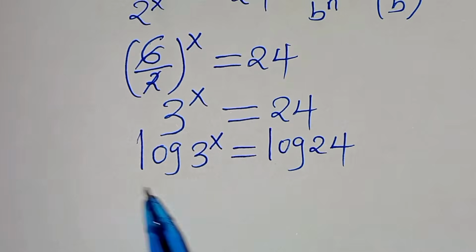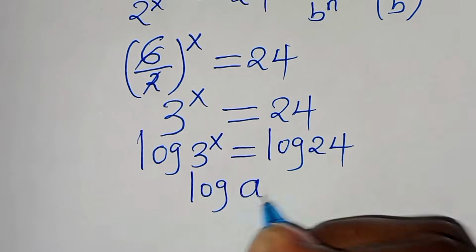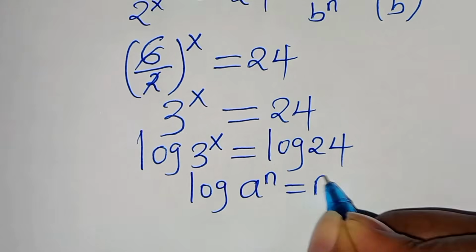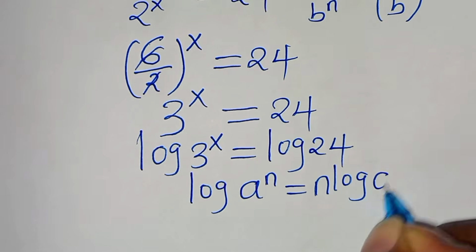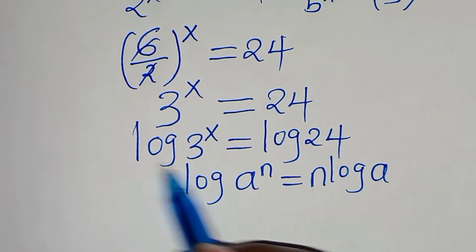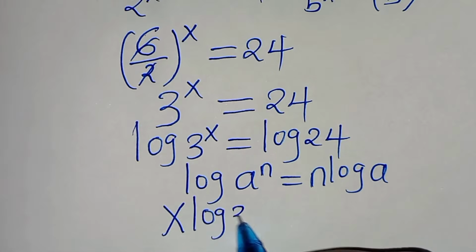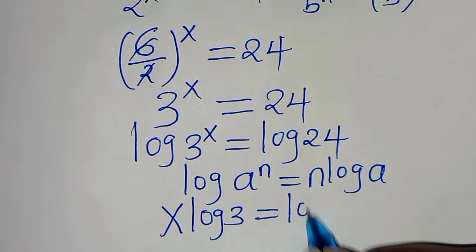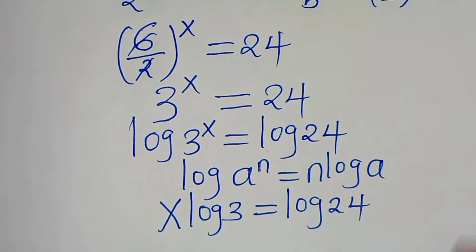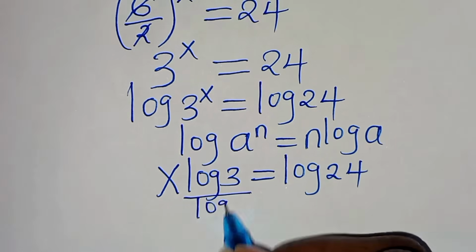Now, log 3 to the power of x, this is in the form of log a to the power of n, which we can express as n log a. Applying this power rule property of logarithm, then log 3 to the power of x becomes x log 3. This is equal to log 24. Now, let's divide both sides by log 3.